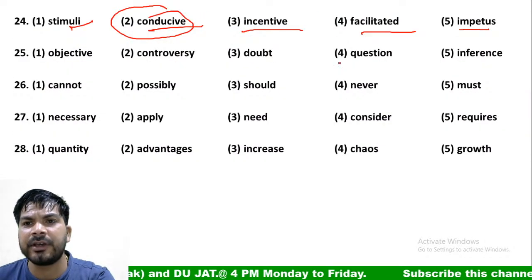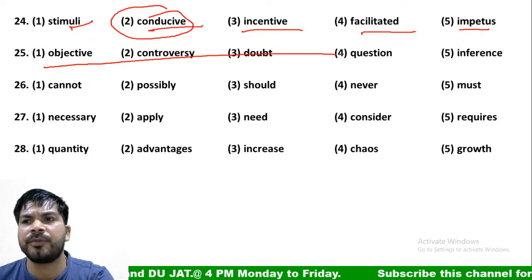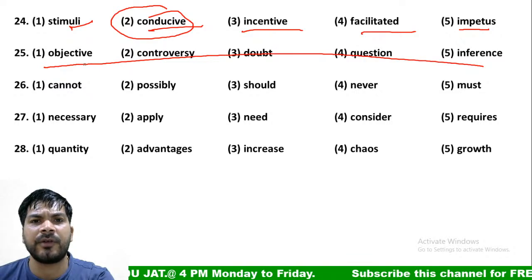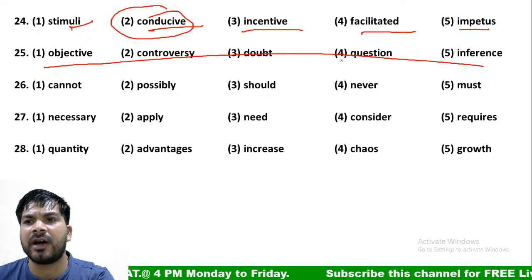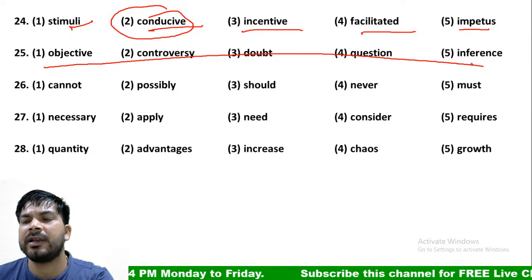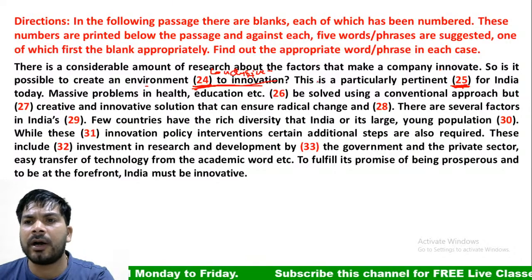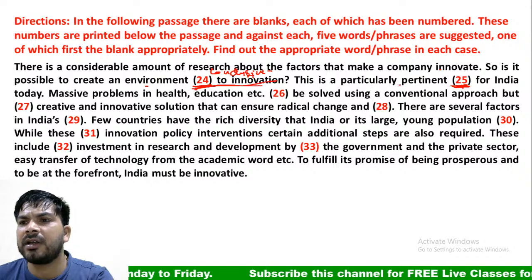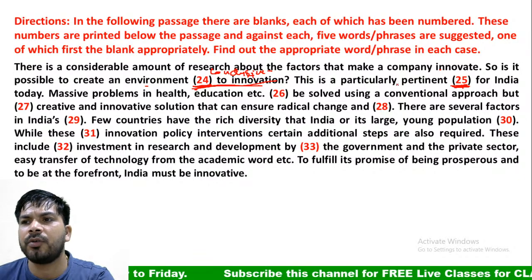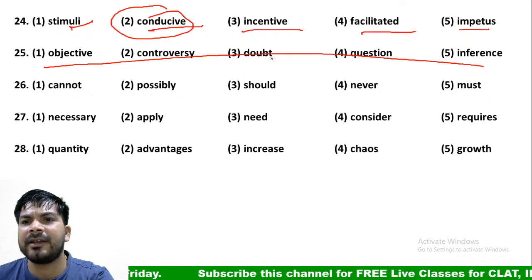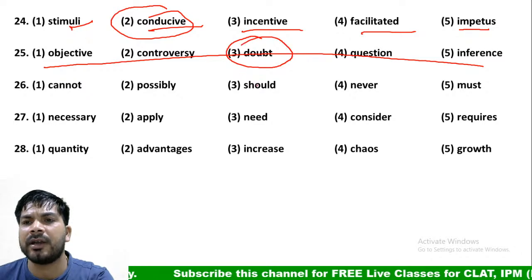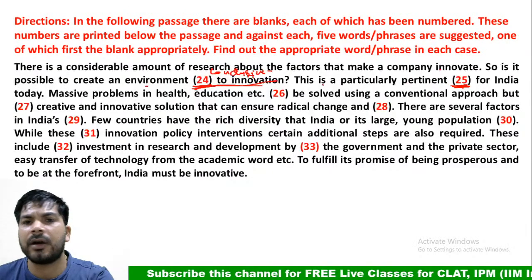So let us go here and find out what should be the answer for the 25th. Objective, controversy, doubt, question, inference. See, this is a particularly pertinent controversy for India. I don't think controversy for India. I think there should be a doubt in India. It is a doubt for India today.